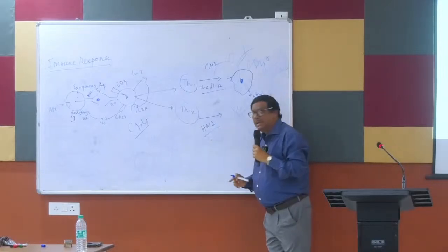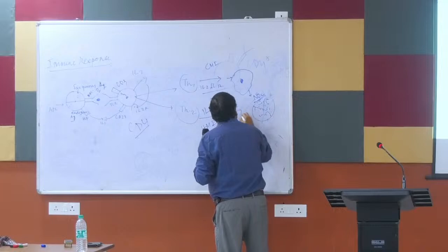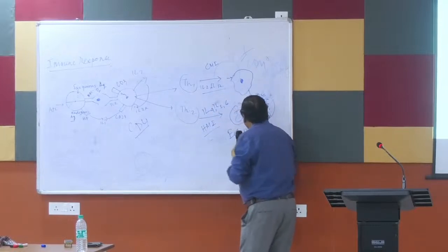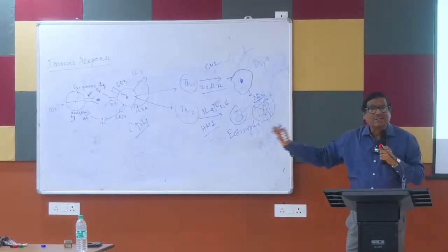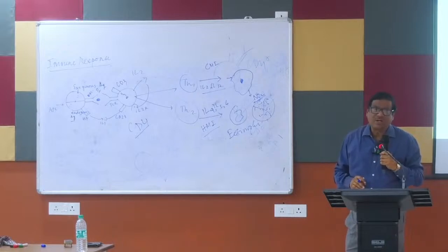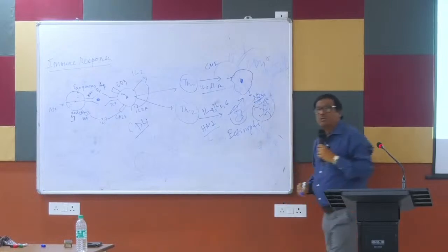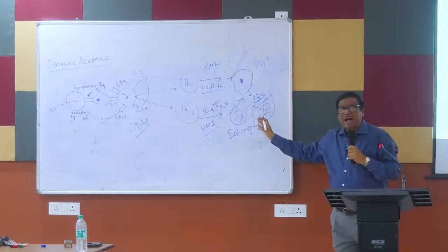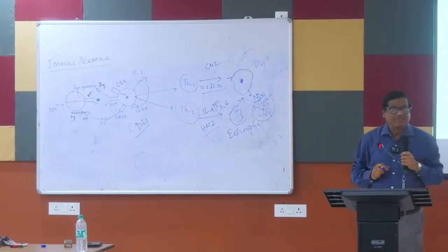Th2, under the influence of interleukin 4, 5 and 6, stimulates eosinophils. And as soon as eosinophils are stimulated, they start secreting some toxic materials, granzyme-like substances, and they also participate with the intracellular killing. So, both are practically working hand in hand.